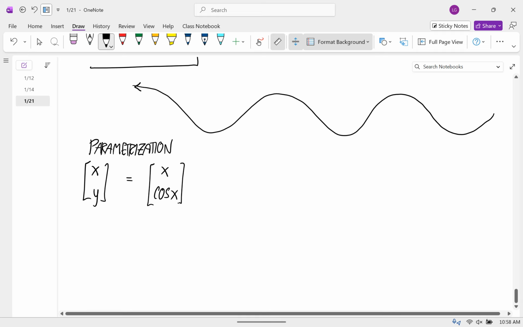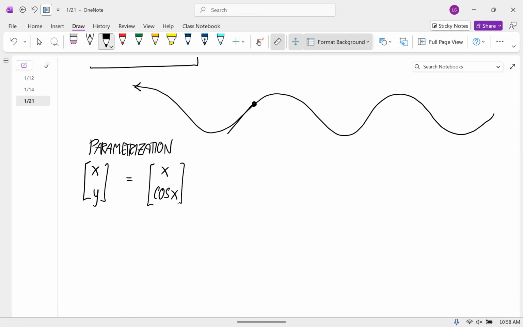And let me just draw an arbitrary point. We're trying to come up with a unit vector pointing in this direction. So the first step is we know that if we take the derivative of this parameterization with respect to x, we'll get a vector that's tangent to the path.